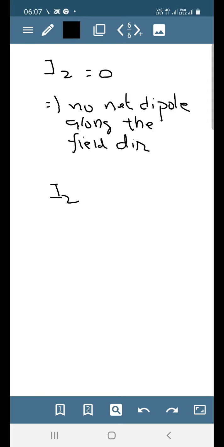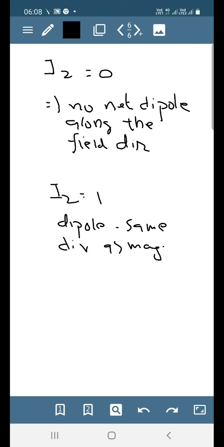And lastly, Iz equal to 1 implies the same dipole direction as the magnetic field, and hence it has got low energy. So you have three different cases due to the three different values of Iz.